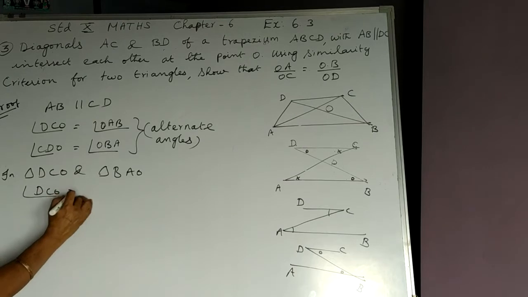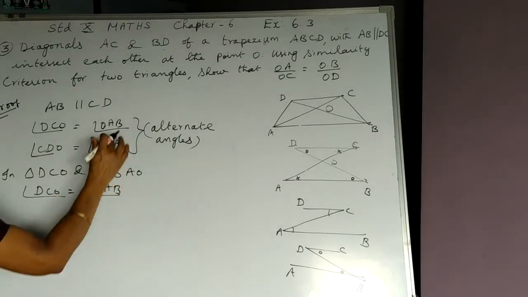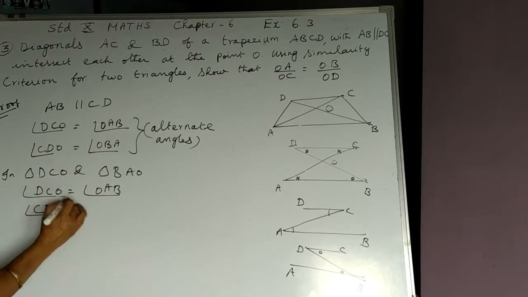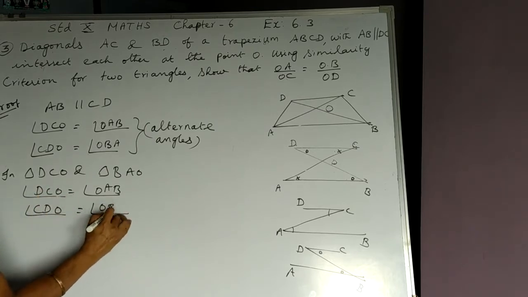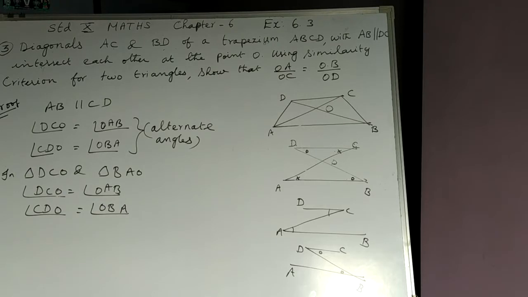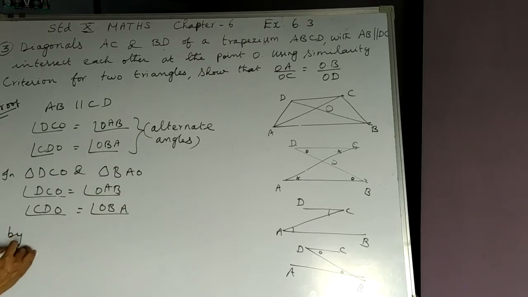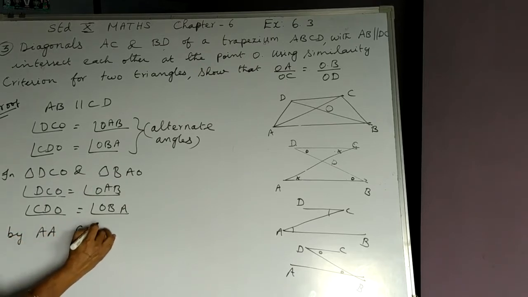Angle DCO is equal to angle OAB. This we are repeating from what we have written. Angle CDO is equal to angle OBA. 2 pairs of angles are equal in 2 triangles. Therefore, we are going to use the AA criterion.